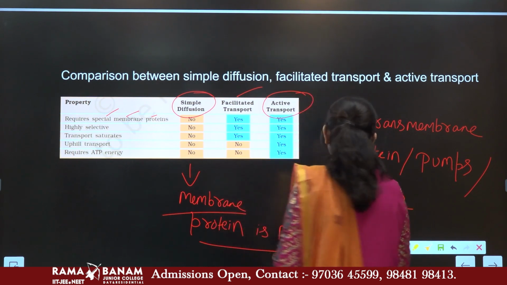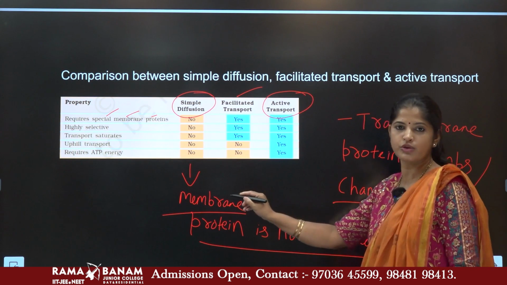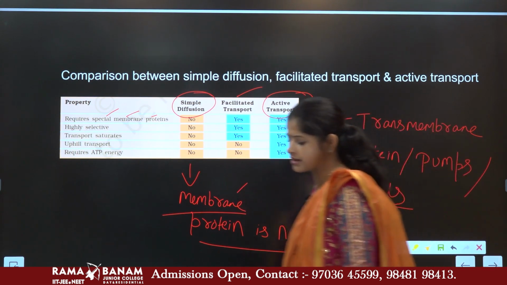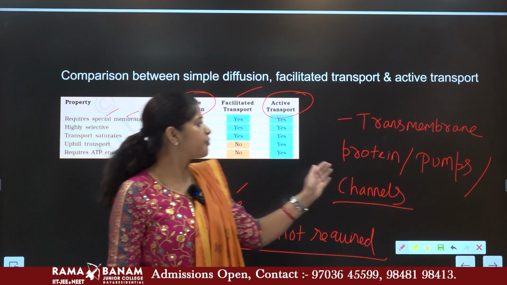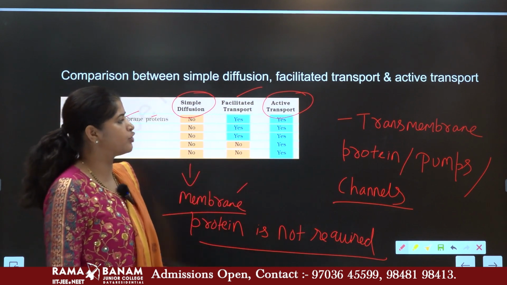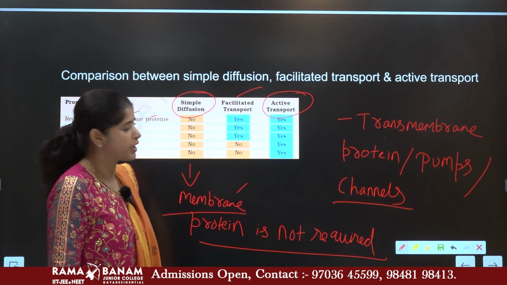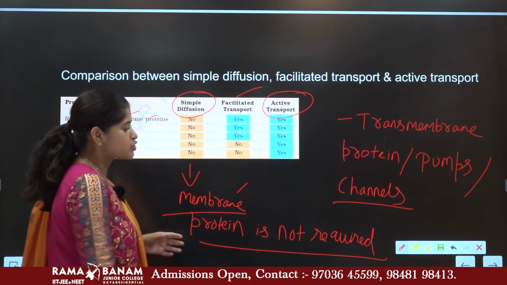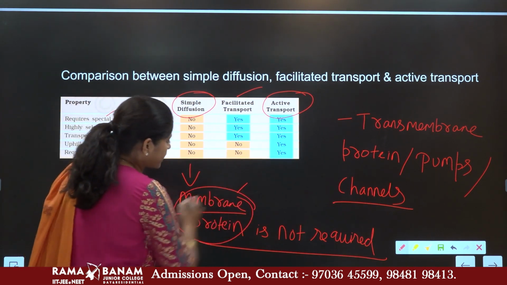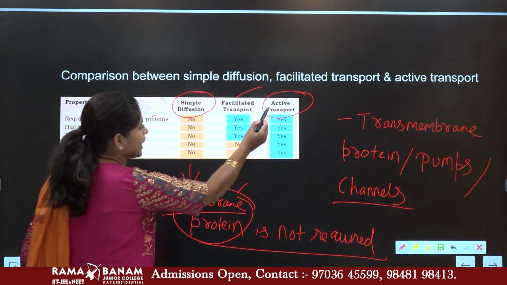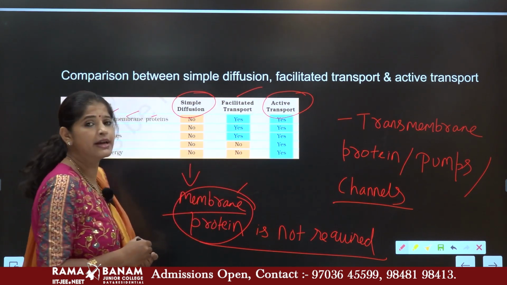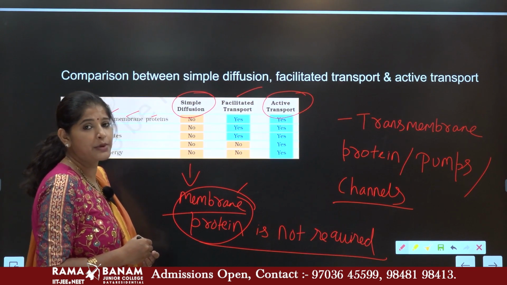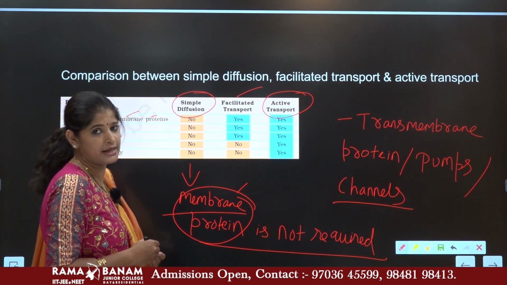Any word they can use, students. Instead of membrane protein, directly they can give you transmembrane protein, or the pumps or the channels. All these membrane proteins for the facilitated transport and the active transport are present in the cell membrane of the cell.